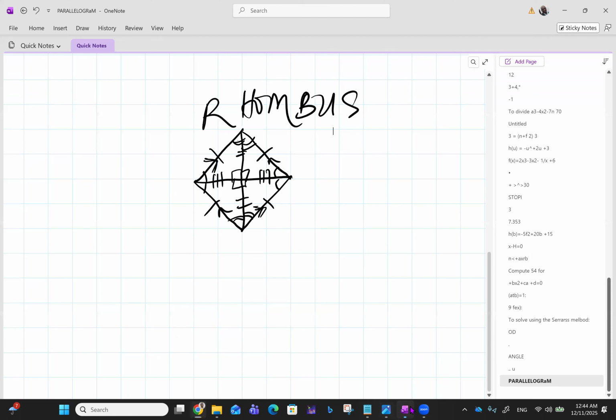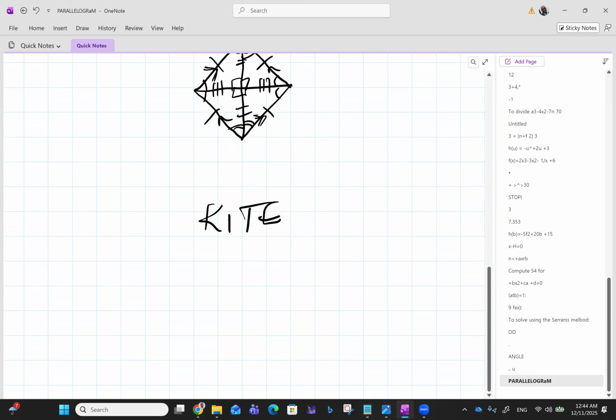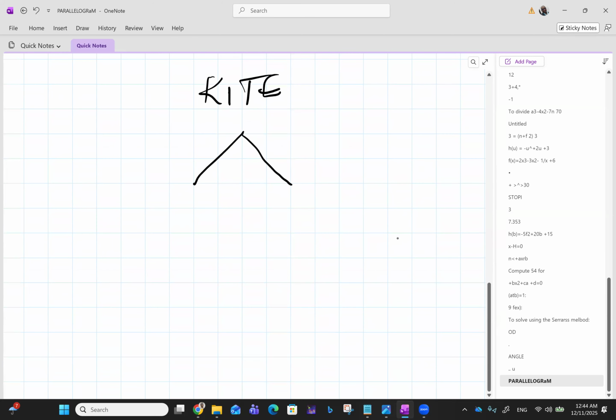So a kite is like a rhombus, but the only difference is that for a rhombus, maybe you have this, you have this, and then for a kite, the other side is now longer than that square looking thing we had for a rhombus. So you can then have this, and then you have this.